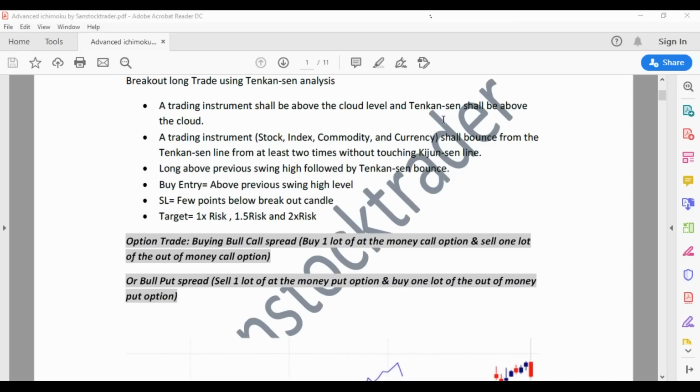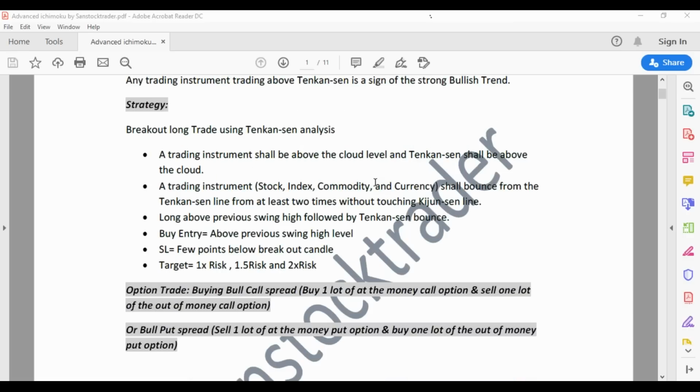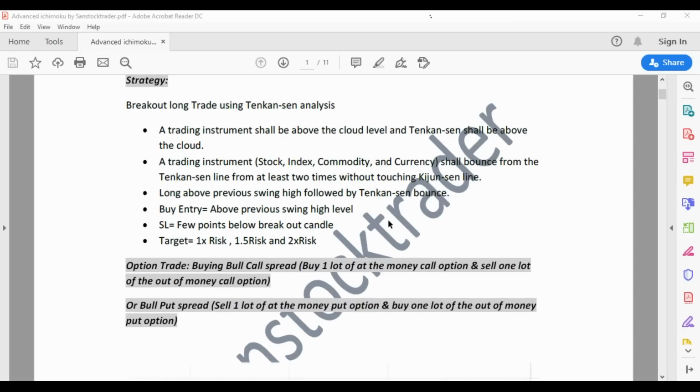So if a trading instrument is above the cloud, the trend is bullish, and we will only consider bullish trades. For this Tenkan strategy, first, a trading instrument shall be above the cloud, and Tenkan-sen shall also be above the cloud. Second, the instrument shall bounce from the Tenkan-sen line at least 2 times, and it should not touch Kijun-sen during this time. Why this condition?